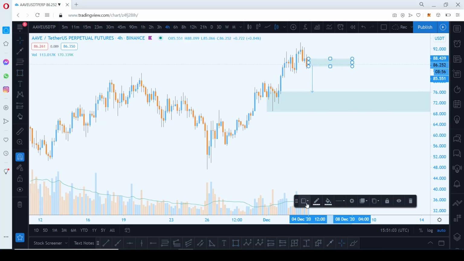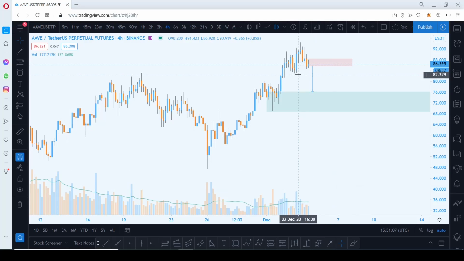On the 4 hour supply, breaking this low, coming into a daily demand. Because this is a daily demand, you want it to take out this bearish supply, right?